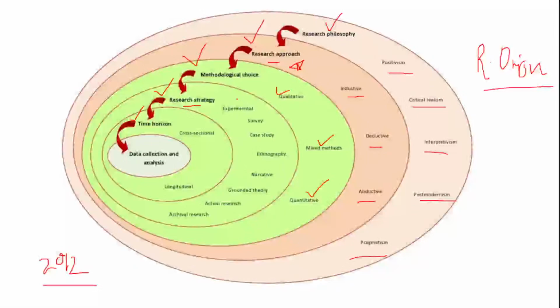Research strategy includes experimental, survey research, case study, ethnographic, narrative, grounded theory, action research and archival research. Today we will take some part and later we will take some part. Again, time horizon, where we are going to see cross-sectional studies as well as longitudinal study, and data collection and analysis.